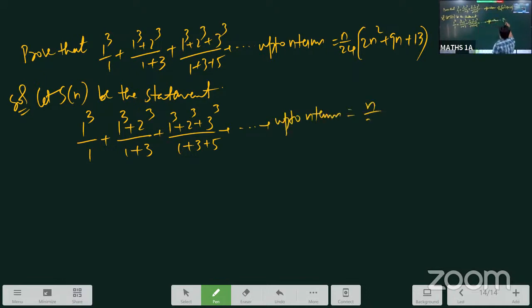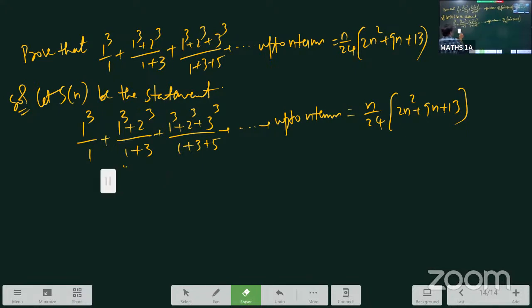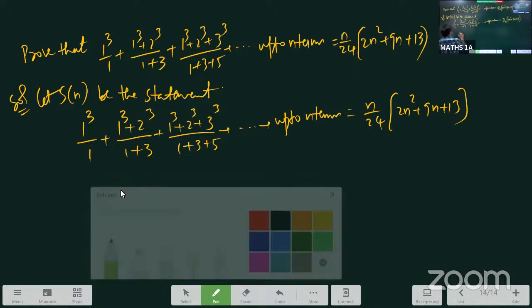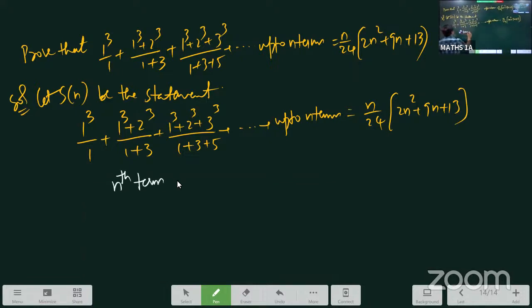That is n by 24 into 2n square plus 9n plus 13. Here your nth term will be, listen, 1 cube plus 2 cube. See, first term 1 cube by 1. Second means 1 cube plus 2 cube. Third means 1 cube plus 2 cube plus 3 cube. Nth means 1 cube plus 2 cube plus 3 cube plus so on plus n cube.